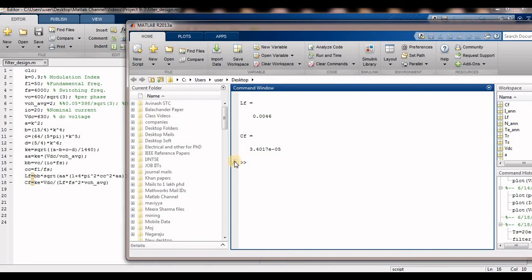But actually, plus or minus 20% of these values will be considered in any case, because another analysis is also there. This is for the nominal values.